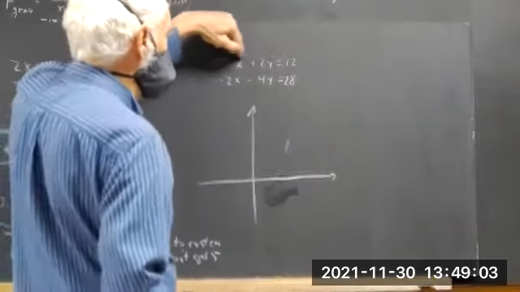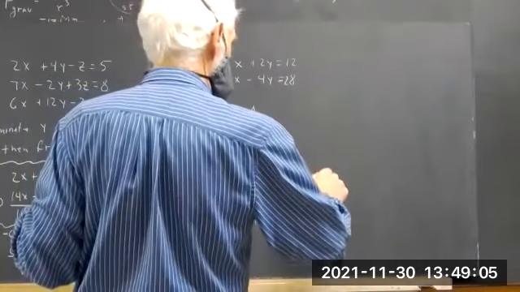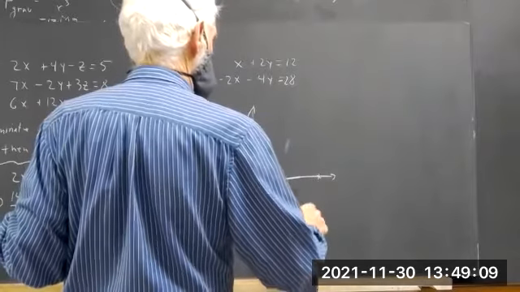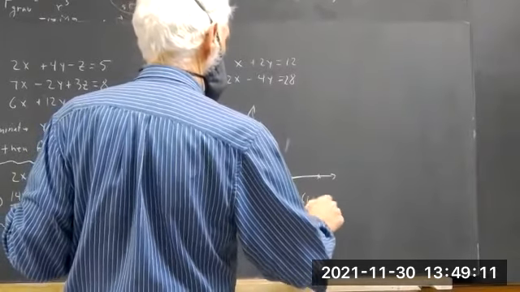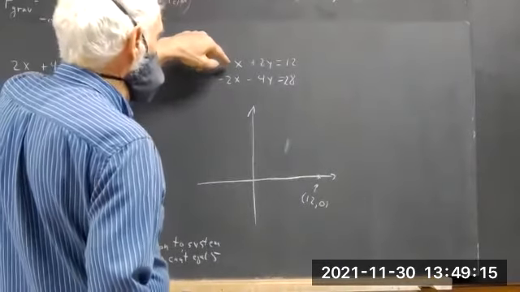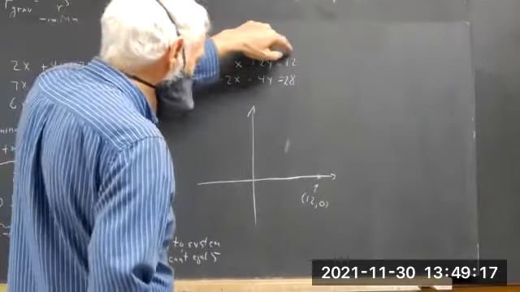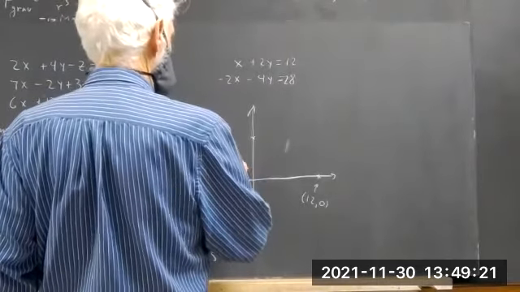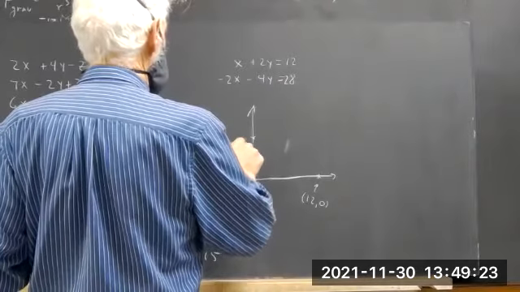If y equals 0, x is 12, so we've got the point 12, 0. If x equals 0, y is 6, so we have the point 0, 6. Okay, so that's the first equation, x plus 2y equals 12.